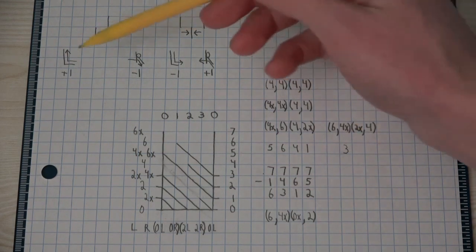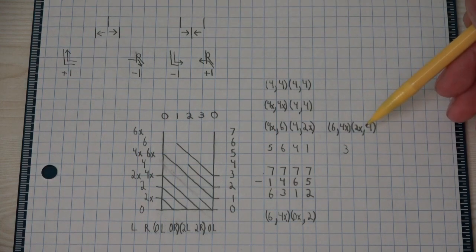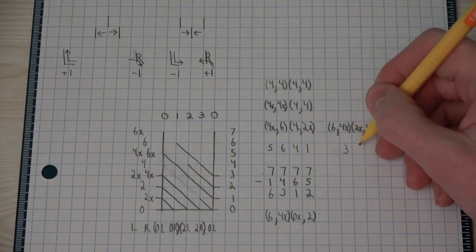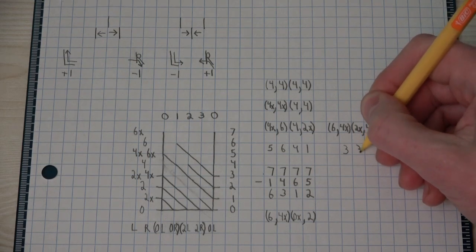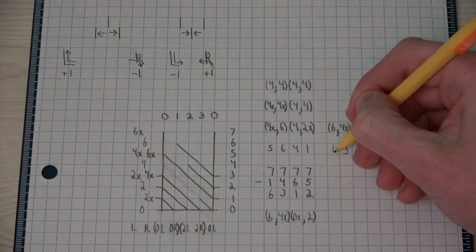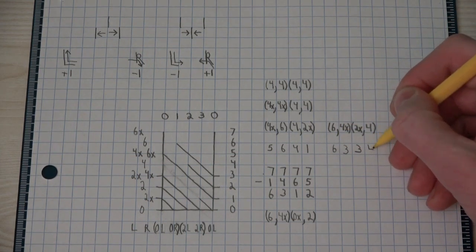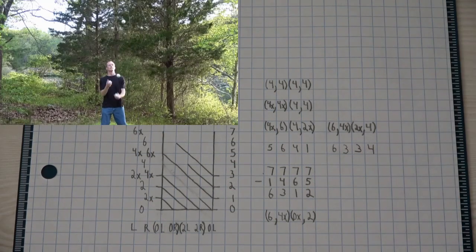We add 1 to the left hand 2x and remove the x to get a 3. And we keep the left hand 6 and the right hand 4. So we have the 6, 3, 3, 4.